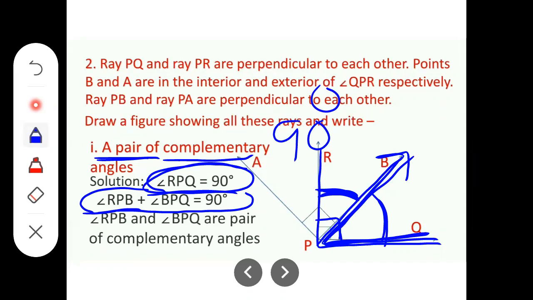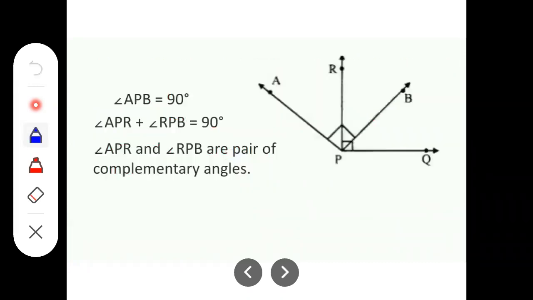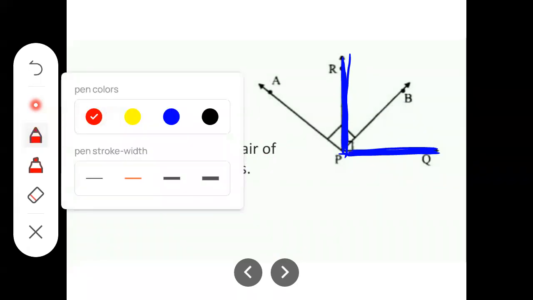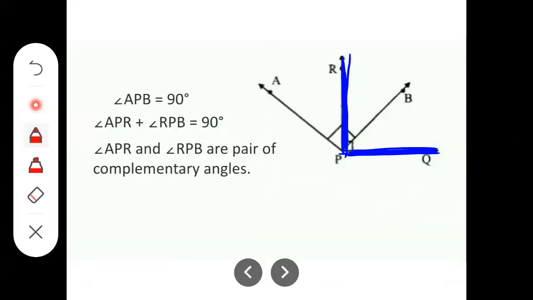Okay. Now next. Okay. So for this angle, we write the solution. Now another angle. Okay. This was the first pair. Now the second pair you can also write here, that this angle also measures 90 degrees. Okay.